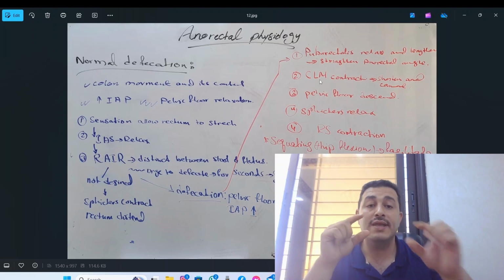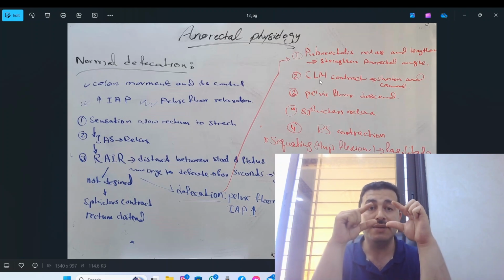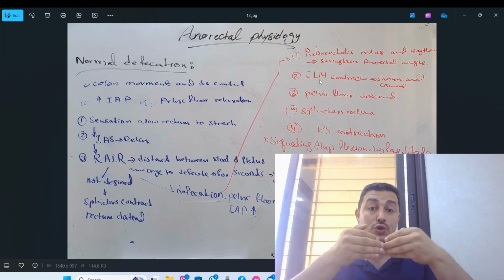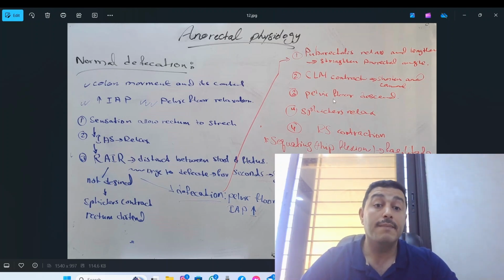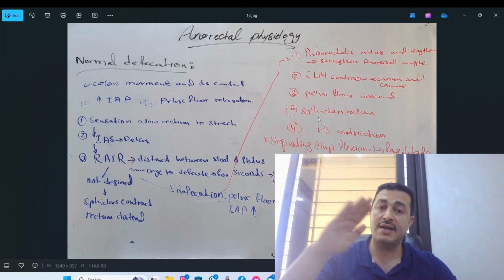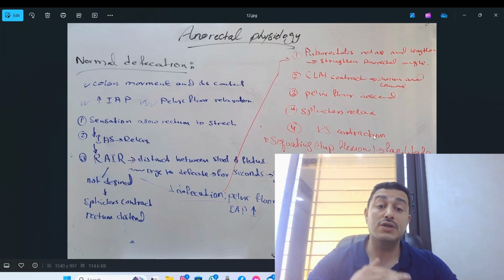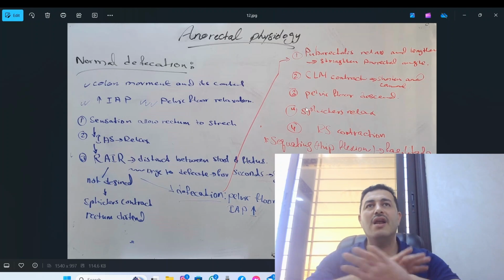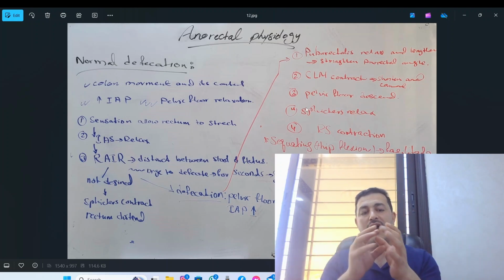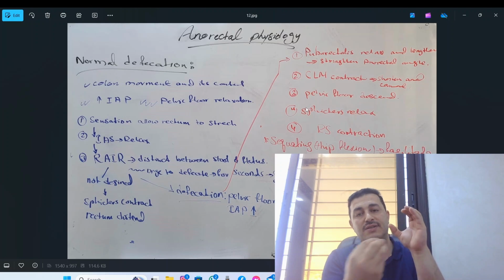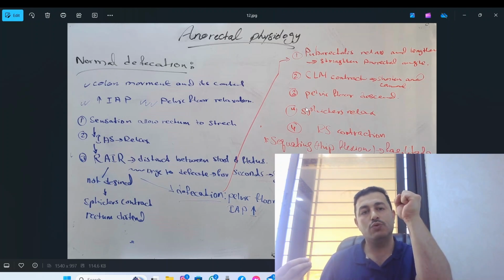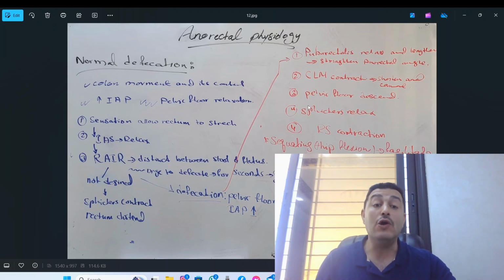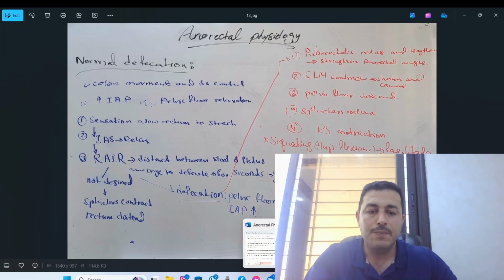Here they say that when it contracts, it shortens the anal canal, so it facilitates defecation. The pelvic floor muscles will descend, the sphincters, internal and external, will relax, there is rectosigmoid contraction, and squatting will help. The last thing, after the anus opens and the stool comes out, the anus will close. This is called the closing reflex.